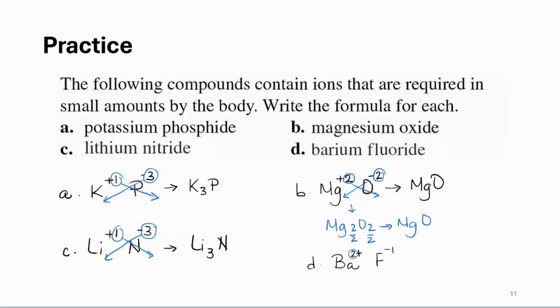We take the value of 2, make it the subscript of the fluorine. We take the value of 1, make it the subscript of the barium. So at first we have Ba1F2. Since the subscript of 1 is omitted, we erase it. So the final answer is BaF2.